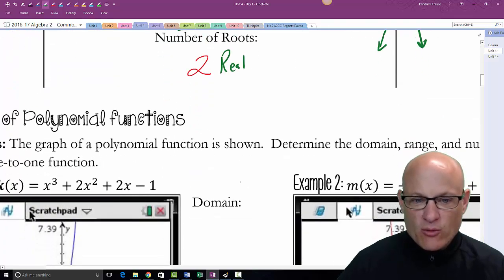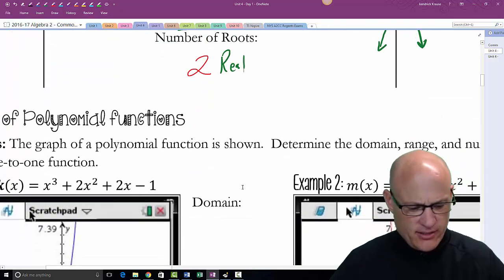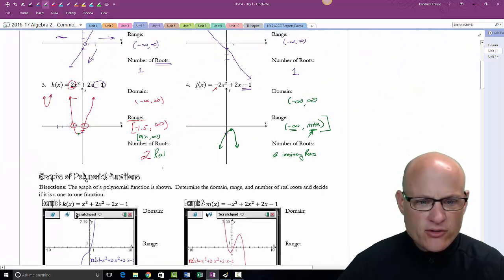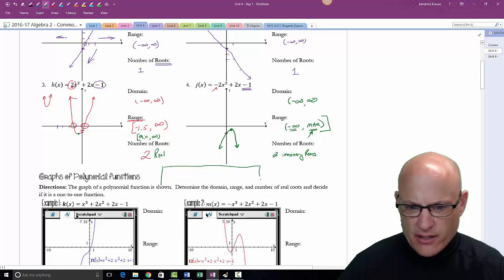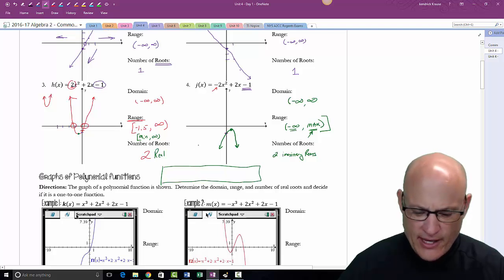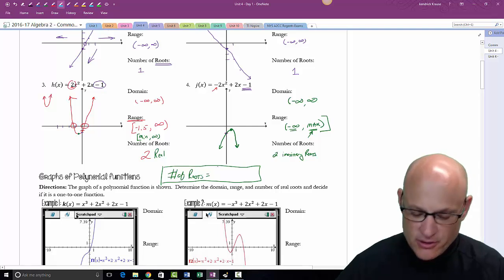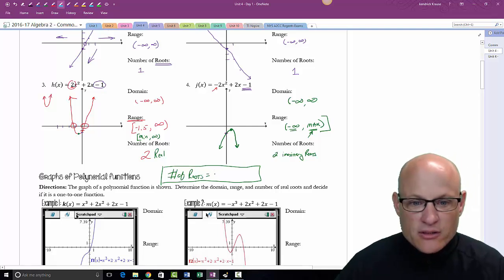All right, so what do I want to say? Here's one of the things I want you to know: the number of roots is equal to the degree of the polynomial.